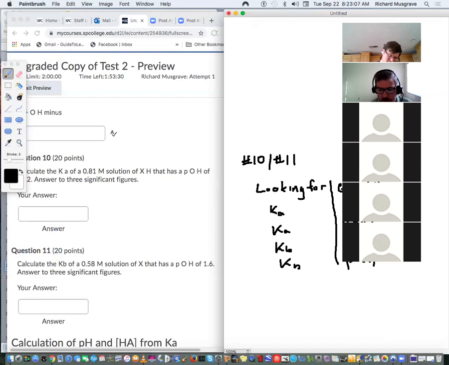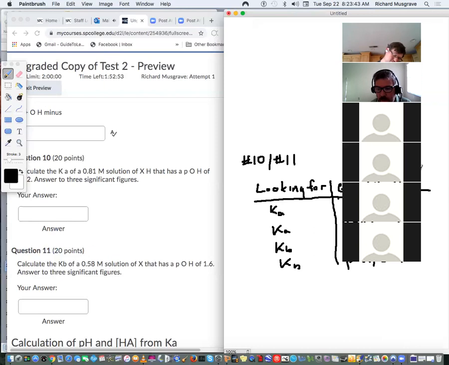I'll put another column in here and we'll see what we need. In the case of Ka, we need H plus. In the case of Ka, we still need H plus. For Kb, we need OH minus. And this last column here is subtract from 14.